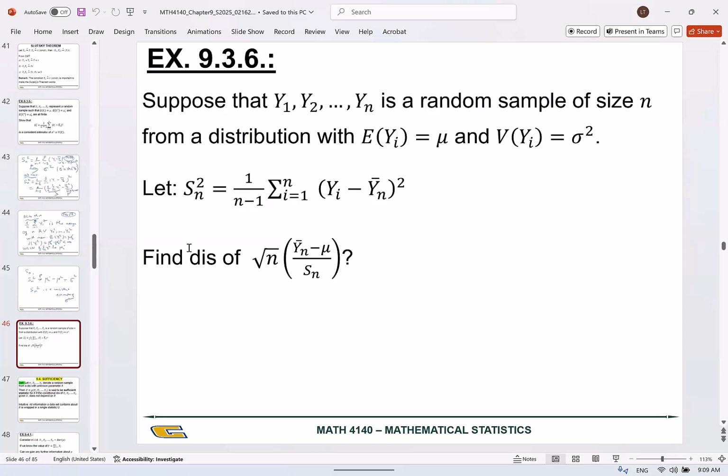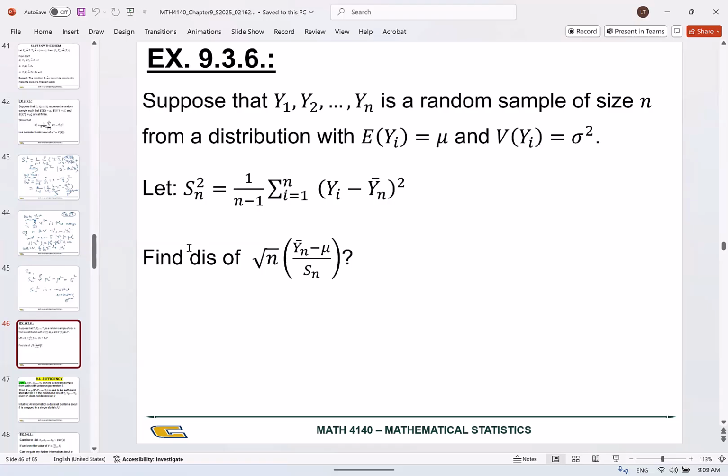Try to show that, to find a distribution of this quantity. The idea here is that you have a random sample from some distribution with mean mu and variance sigma square.